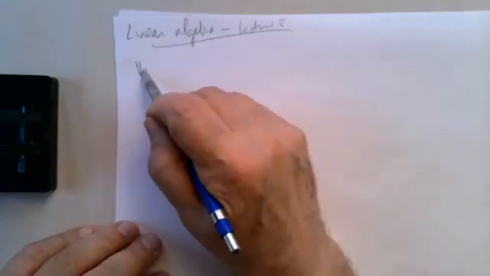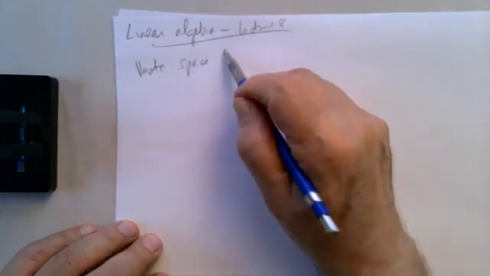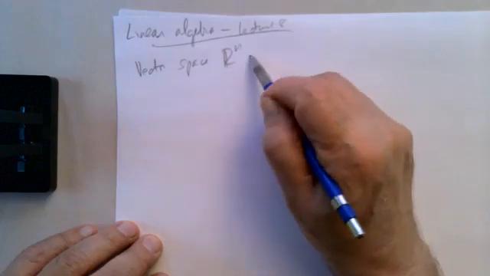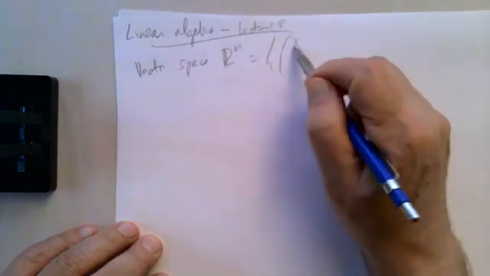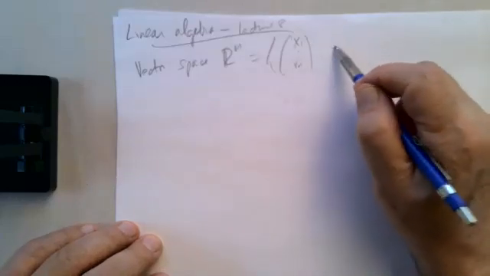So, for example, we have the vector space that we've been looking at, which is Rn, all these n-dimensional column vectors.